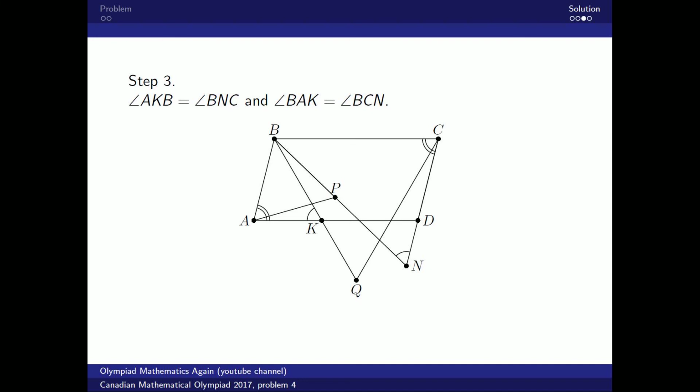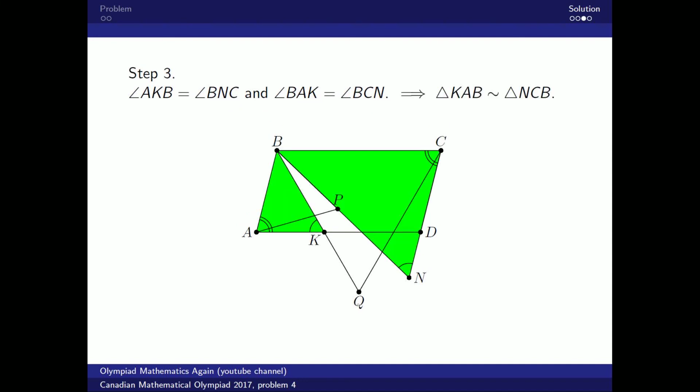Therefore, we conclude that these two triangles KAB and NCB are similar, like the triangles that are shown in green on the picture. They are similar to each other because they have two pairs of equal angles.